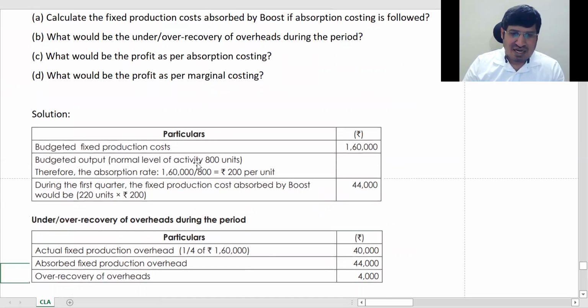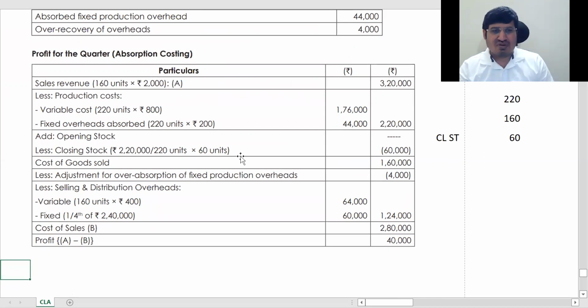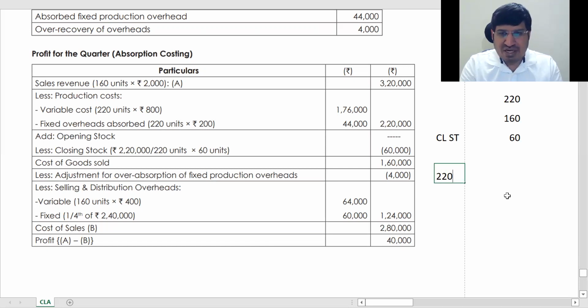Okay, so now how do you find the closing stock value? Now you have to use this production cost. Okay, this is your production cost, right? This 220. So what you will say is for 220 units, the production cost is 2,20,000.